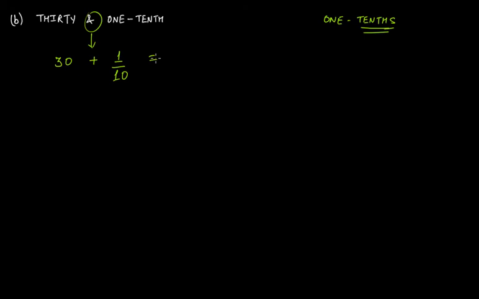Now this can also be written in the form of a mixed fraction. This is 30 and this is 1 over 10. The value of 1/10 will be 0.1. So this is 30.1.